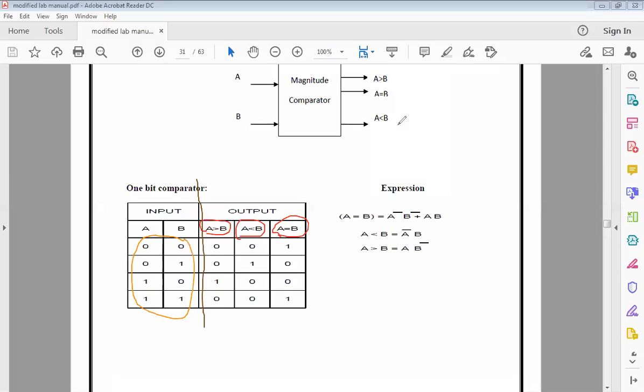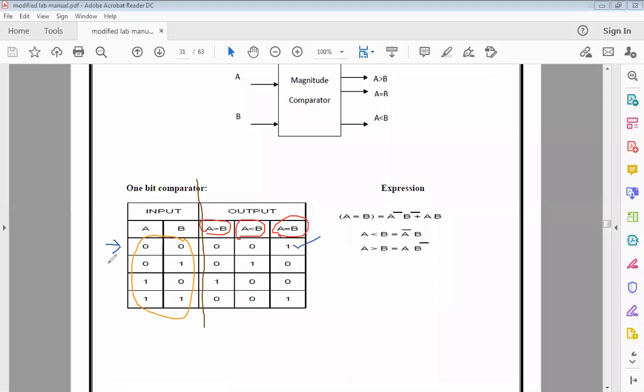Let us start with the first one. In the first case, A and B both have 0. So what does it mean? Is A greater or B greater? The first case: A equal to B. Yes, because both are equal, so A equal to B goes high.